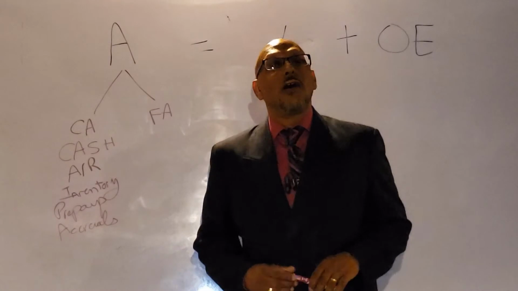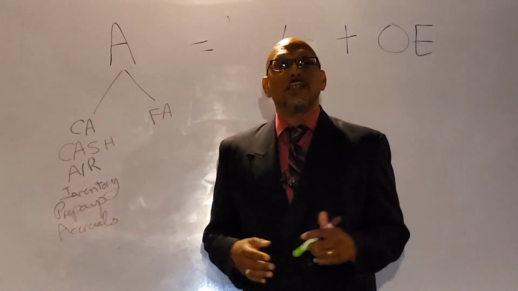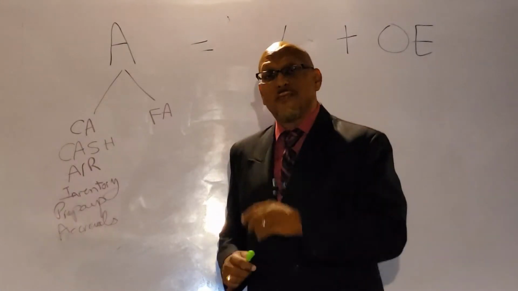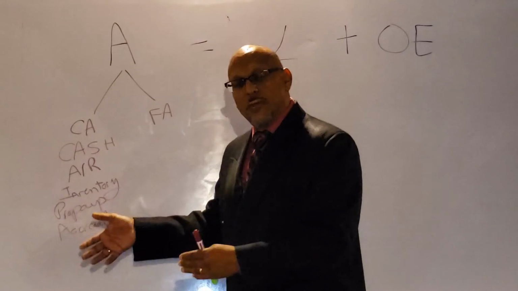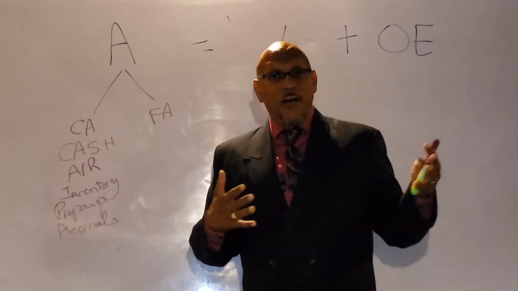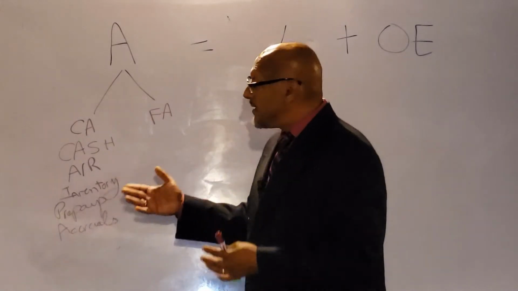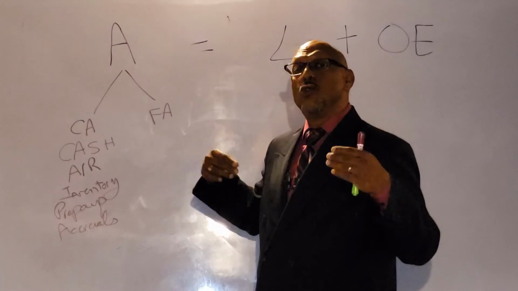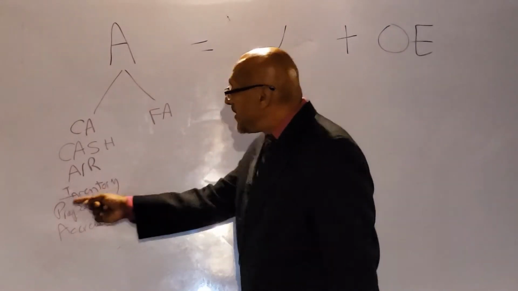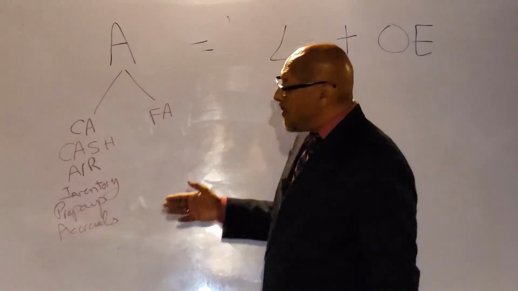Accounts receivable are the bills for service or for products that you've sold that you didn't receive cash for. So if it's a non-cash sale, you're expecting to get paid in the future. You provided the service or you provided the product and you're waiting for the payment. That's a receivable. So you are waiting to receive it. It's receivable. Inventory is the finished products available for sale.